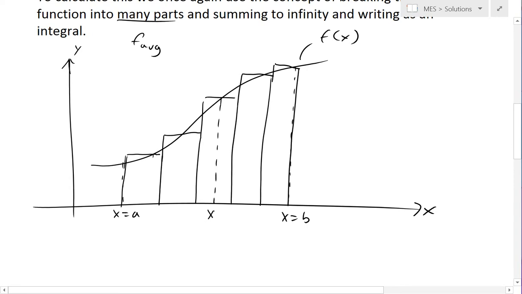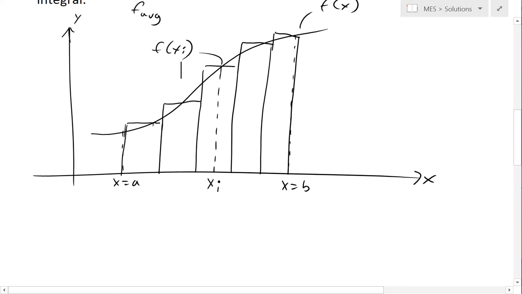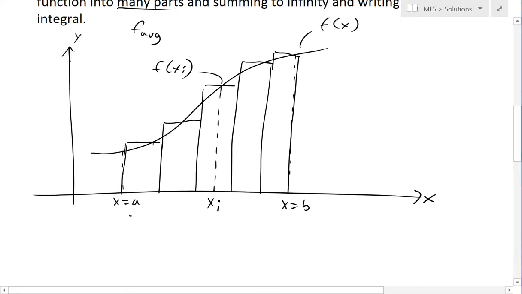If I call this xi right here, then at this point this is f of xi. Now if we want to find the average of these rectangles, let's assume there's a generic n rectangles.